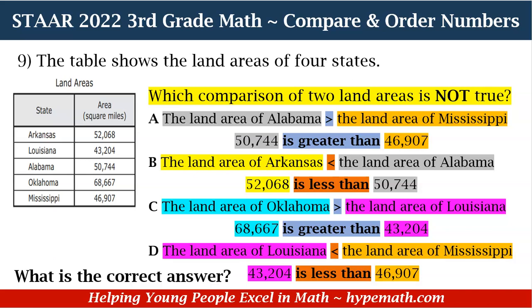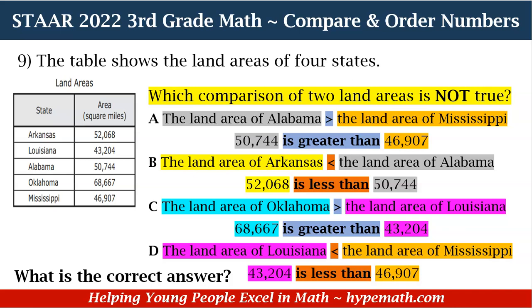Okay, so what is the correct answer? Well, what we're going to do is go through our answer choices to discover which answer or comparison of numbers is wrong or false, okay? So as we go through the choices, we're going to ask ourselves, is this true or false? So for answer choice A, true or false, is 50,744 greater than 46,907, is that true or false?